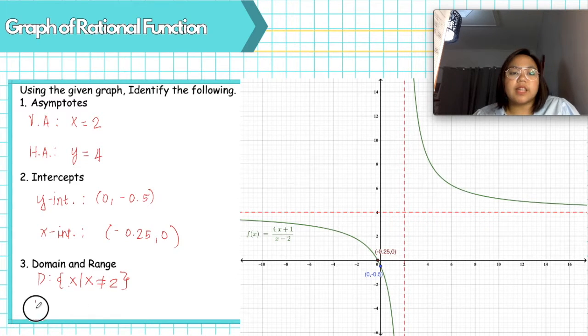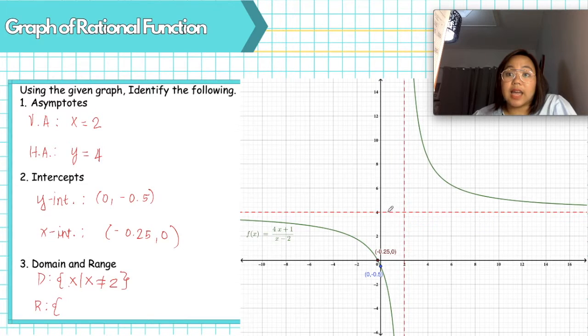So for the range, usually when we get the domain, kung ano lang yung ating vertical asymptote, yun lang din yung restriction ng domain. Next, the range will be the restriction of y. So notice na yung curve natin, pag yung y-coordinate niya, meron siya lahat dito sa values ng less than 4 and greater than 4.